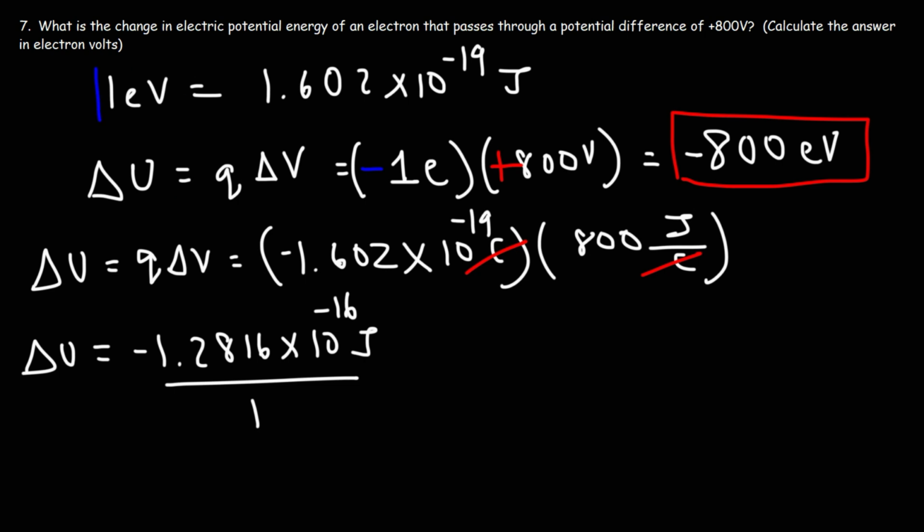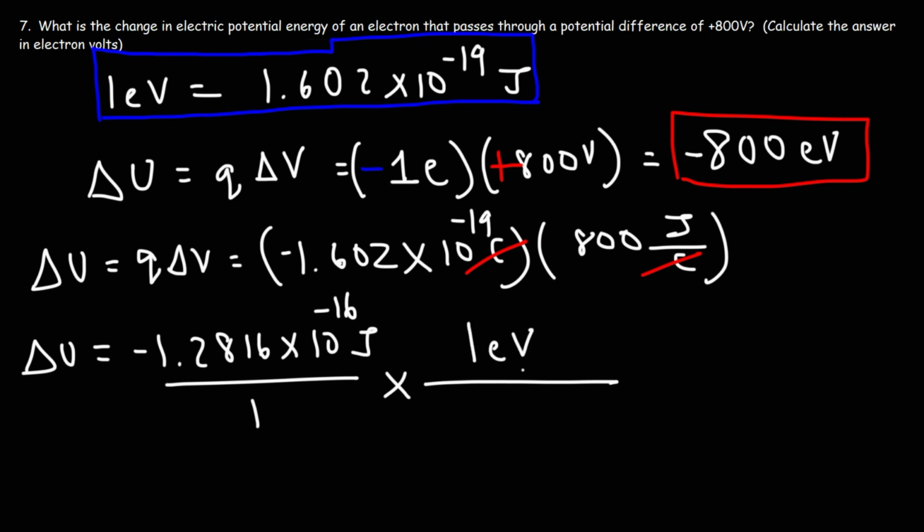Now, electron volt is not a measure of voltage or electric potential. The electron volt is a measure of electric potential energy. It's a unit of energy and not a unit of voltage or electric potential. So don't get confused by that. Now let's use this conversion factor to convert from joules to electron volts.